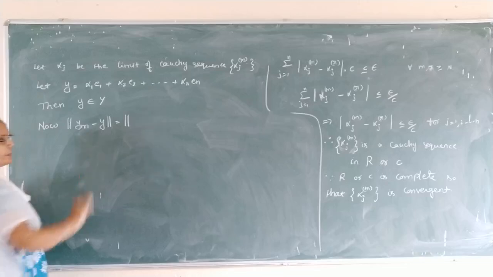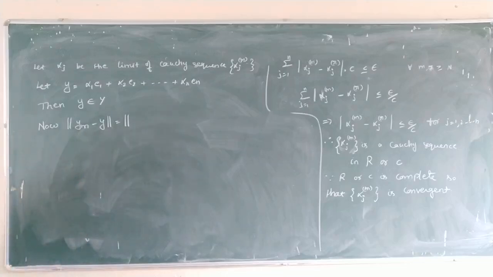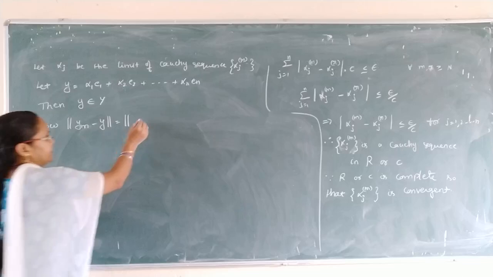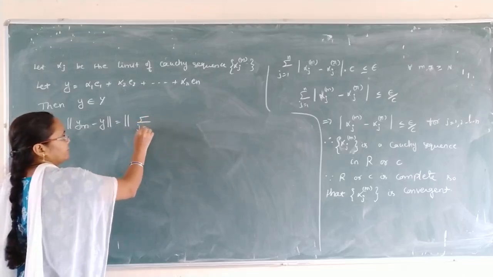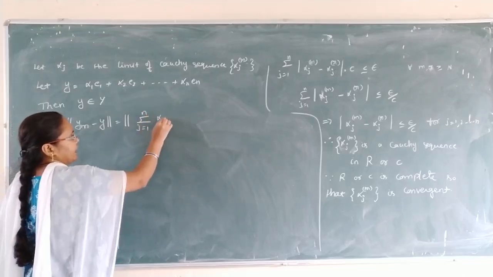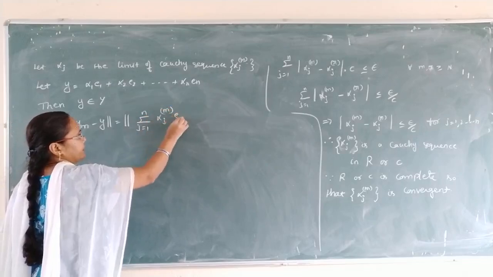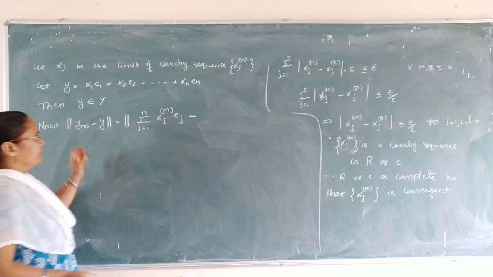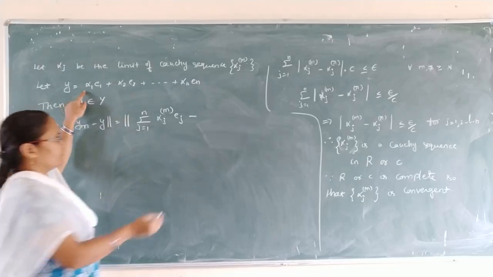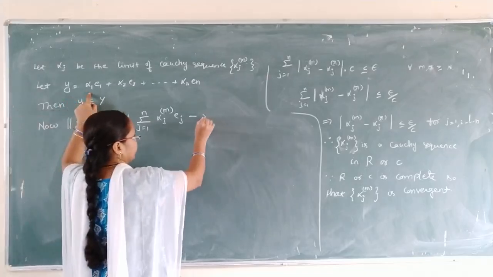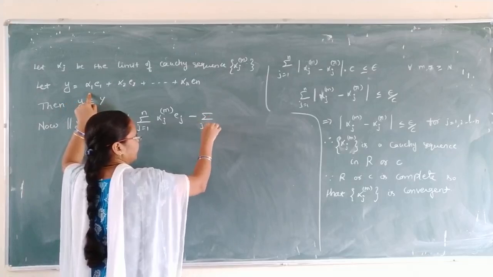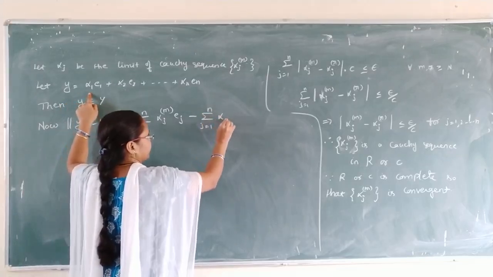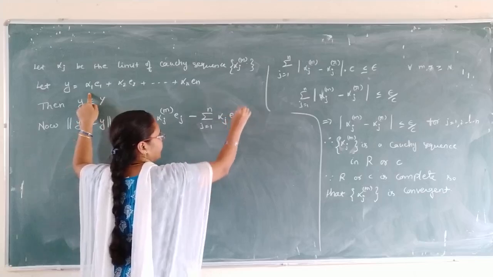From the above lines, we already have norm ym in terms of the summation: summation j is equal to 1 to n alpha jm ej. Similarly, we write y in terms of the summation, alpha j ej.